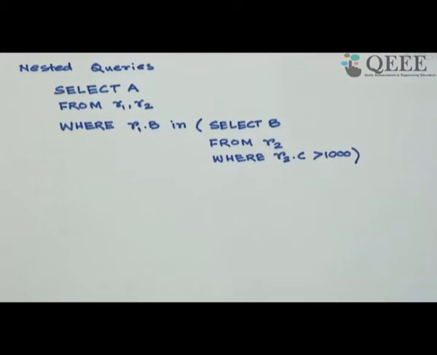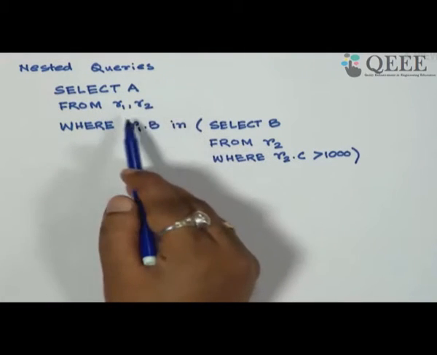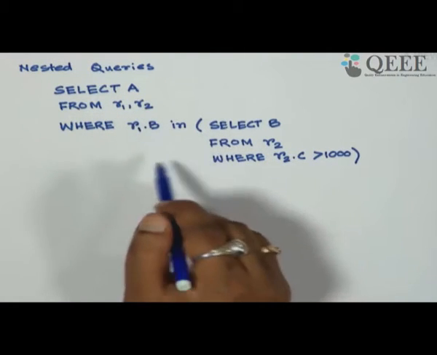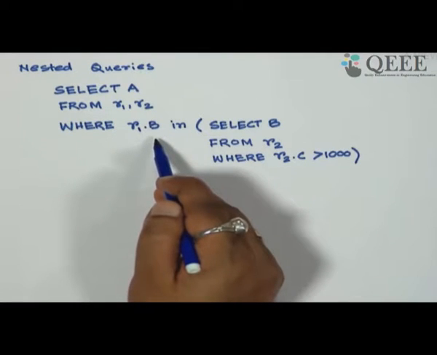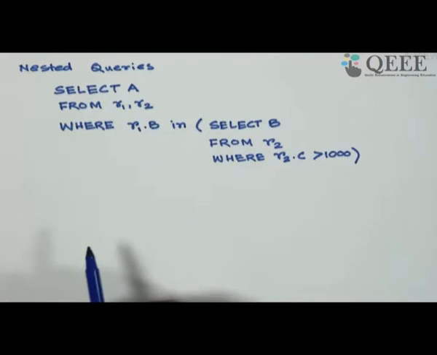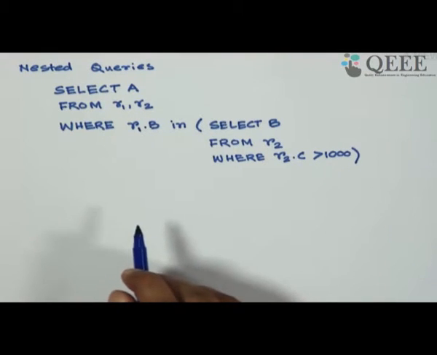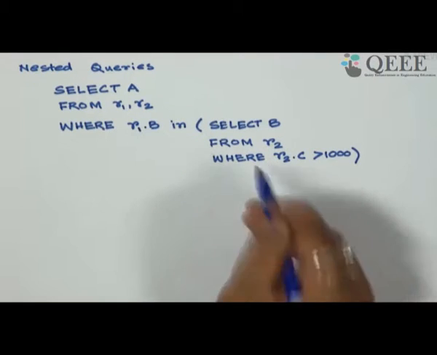In a normal SQL query, I would write select A from R1 cross R2 where the value of B is greater than 1000, or some static clause. Instead, I can write a more complex clause.